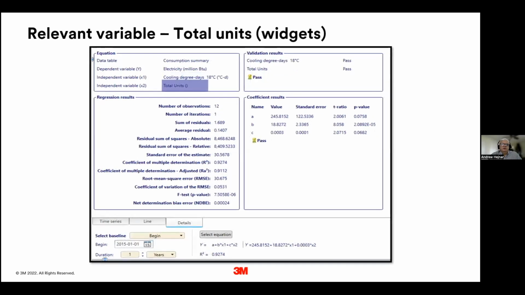We can also use just total units, widgets, if you will, as a relevant variable. So if we make a product which we sell in pieces, in widgets, then this model becomes very valid, and the total unit becomes a relevant variable for us.